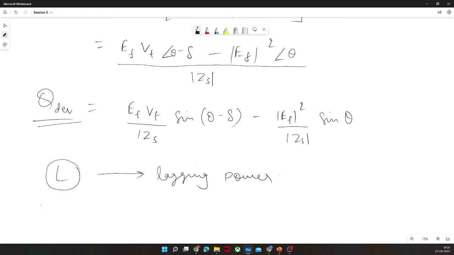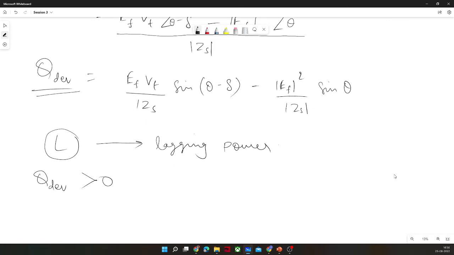So if this Q developed is greater than zero, it will supply lagging reactive power.